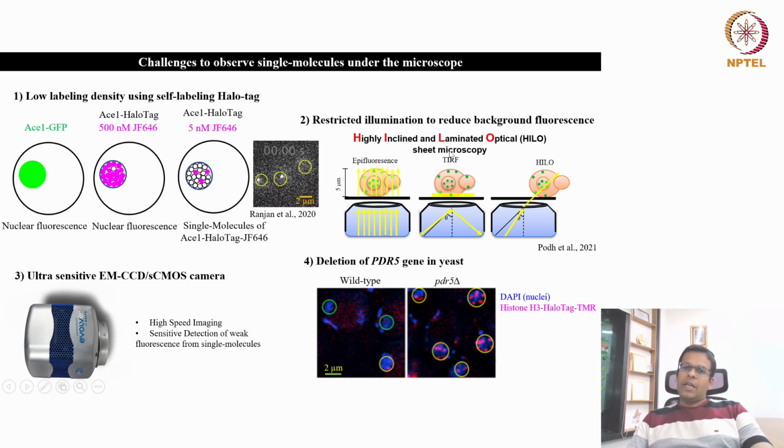Okay, then in the TIRF microscope, you know that the incident light enters at one particular angle that is higher than the critical angle, so that only a small area, roughly around 100 to 200 nanometer from the coverslip, gets illuminated. But let's say if you want to see some molecules in the nucleus, then TIRF illumination doesn't work, because it will not illuminate the molecules which are in the nucleus. So there is a slightly modified version of the TIRF illumination, which is known as HILO illumination, that is highly inclined and laminated optical sheet.